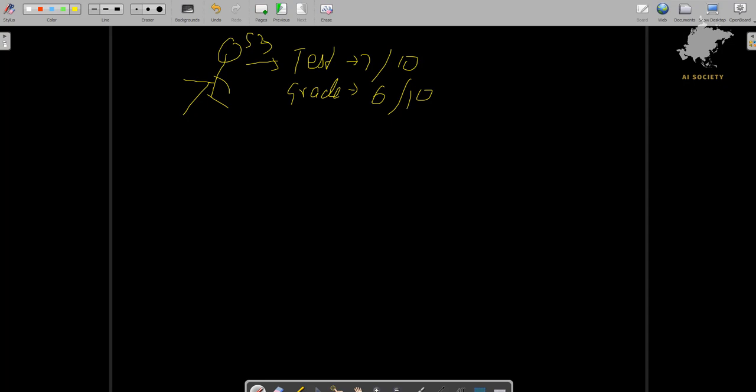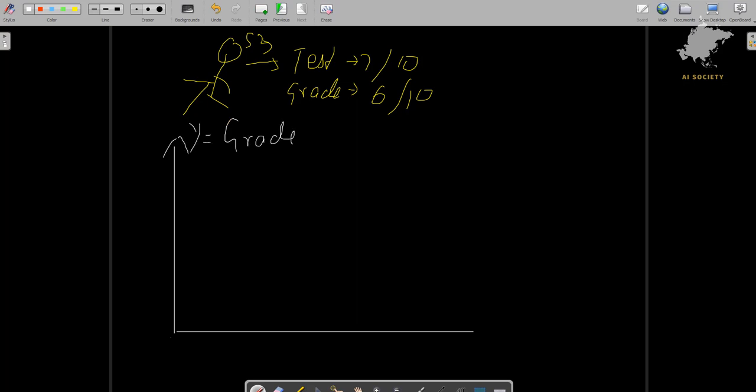Let's see. First of all, let's have a two-dimensional graph. We are taking two dimensions because we have two criteria to decide this: grades and test. The y-axis represents grades, and the x-axis represents test scores.